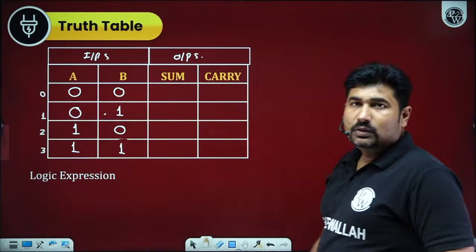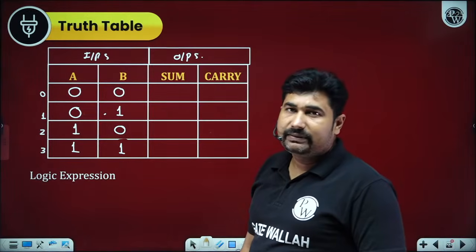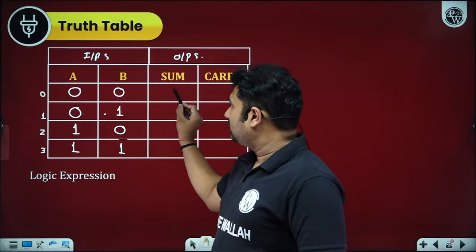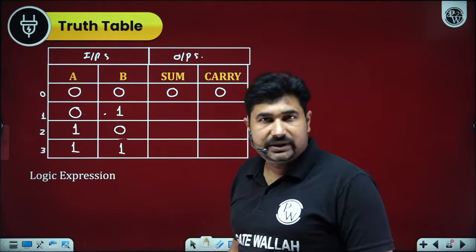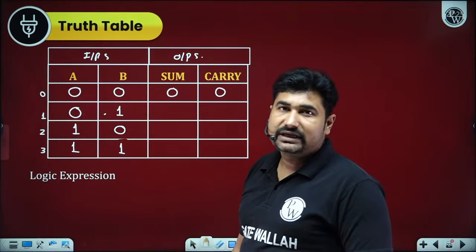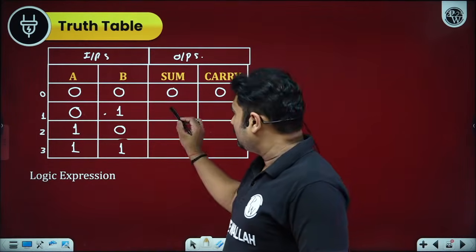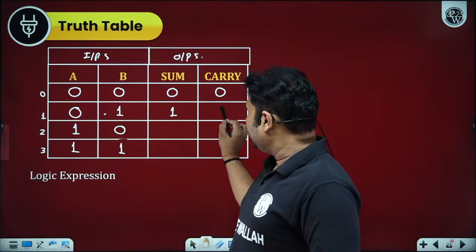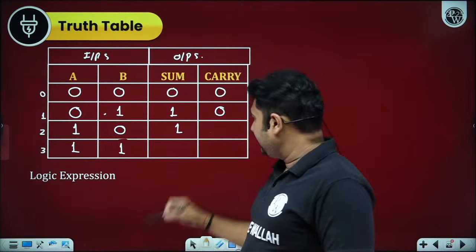Now we all know how to find the sum. What is 0, 0 in binary? 0 plus 0 will give 0. There is no carry, so carry will remain low. Carry will become high only if there is a carry. For 0, 1: 0 plus 1 is 1 only, and carry will remain 0. 1 plus 0 is also 1 only, carry remains 0.